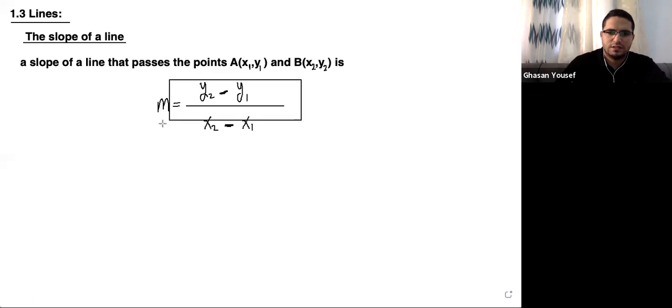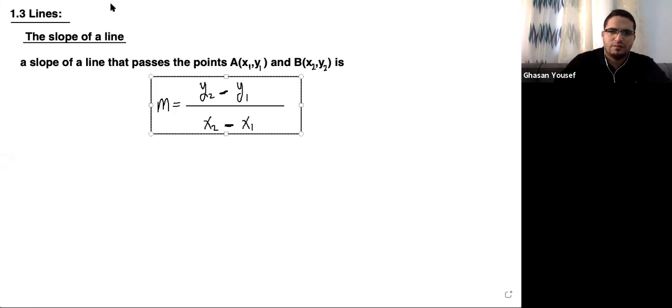So this is the slope formula between any two points on the line. Now we're going over the slope of a vertical line.